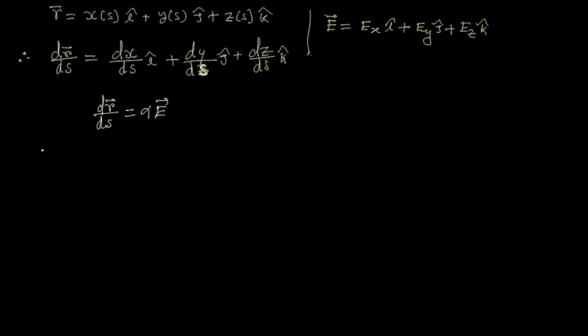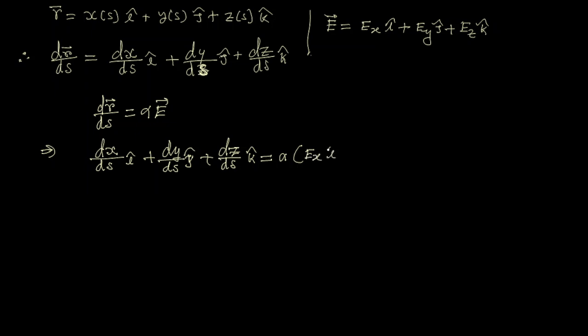So now if we put the value of dr, this tangent vector, we'll get dx divided by ds into i cap, plus dy divided by ds into j cap, plus dz divided by ds into k cap, is equal to alpha into Ex i cap plus Ey j cap plus Ez k cap.